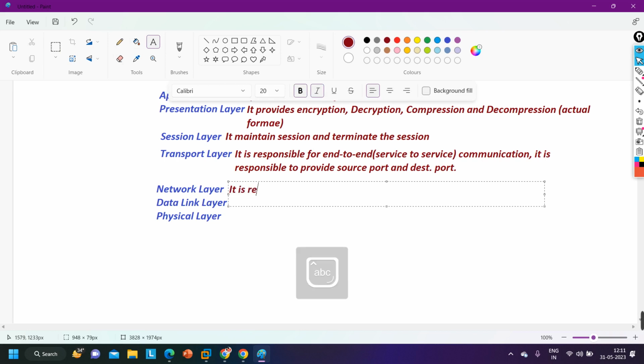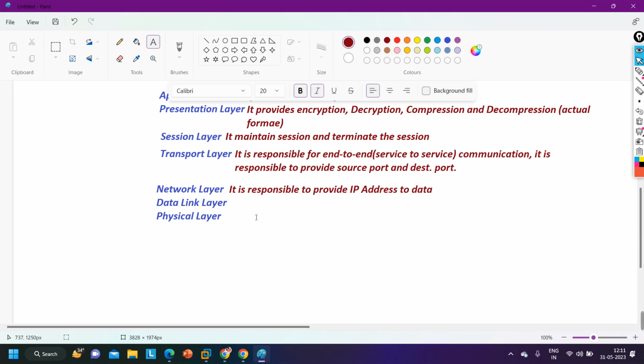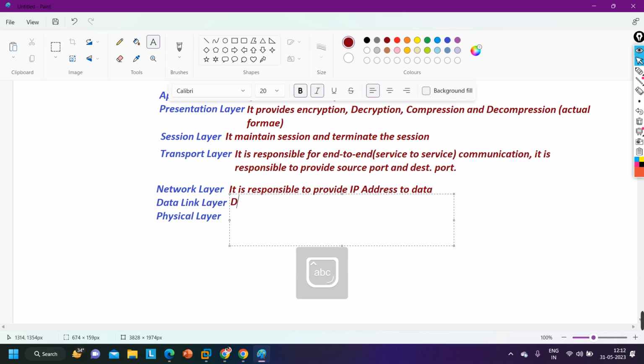Like the network layer is responsible to provide IP address, the data link layer is responsible to provide MAC address.